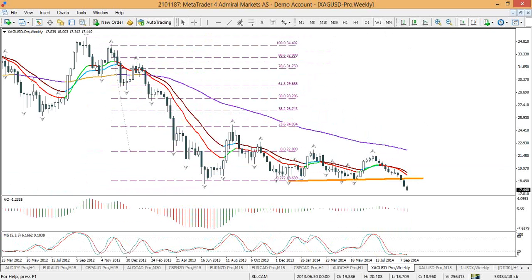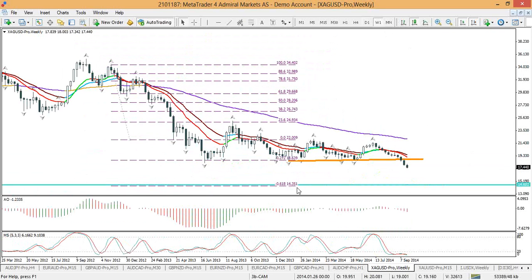And in that way, the minus 618 will be the next target, and that is right at the same level, 14.40. What a coincidence. So that's the weekly fib. So I wouldn't be surprised to see a couple of dollars more downside.